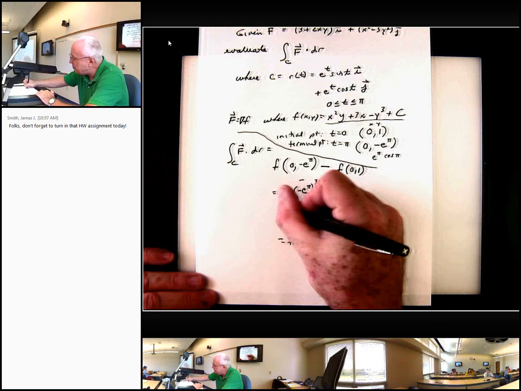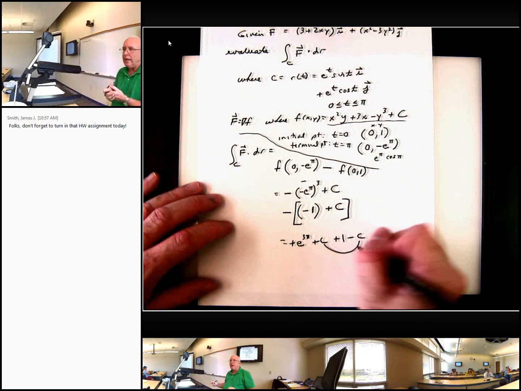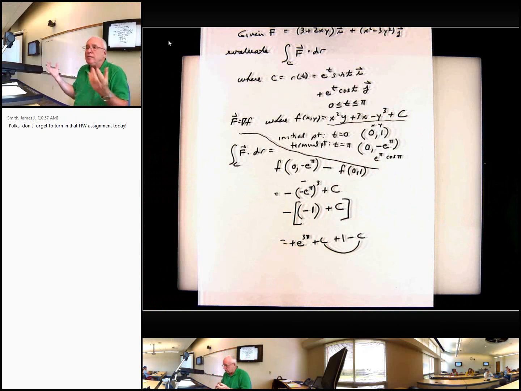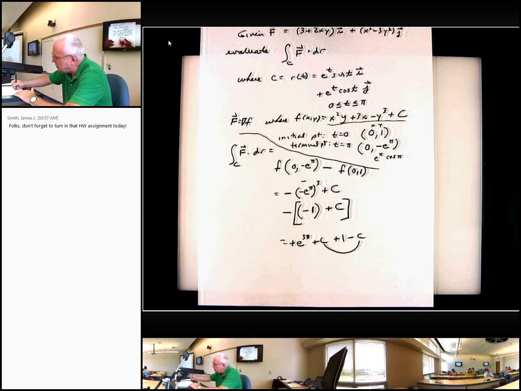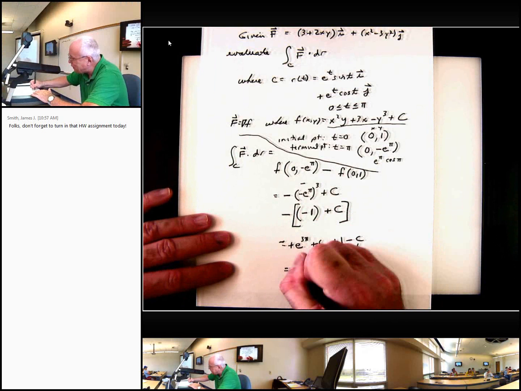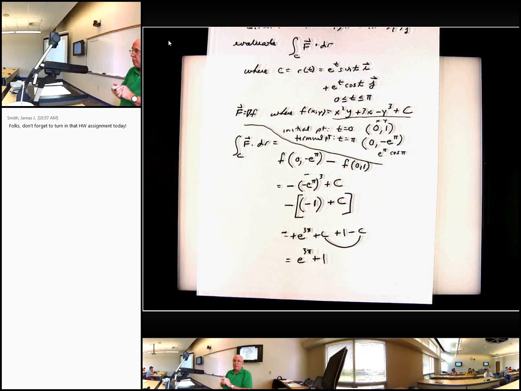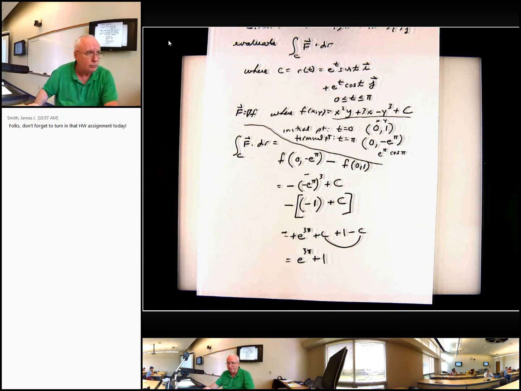And then we have a minus C. The C's, no matter what their value is, will cancel each other out. You can, in fact, just say, well, let C equal 0. Was that your question? You're good? Okay. So this is our answer here: e to the 3 pi power plus 1 is our evaluation.